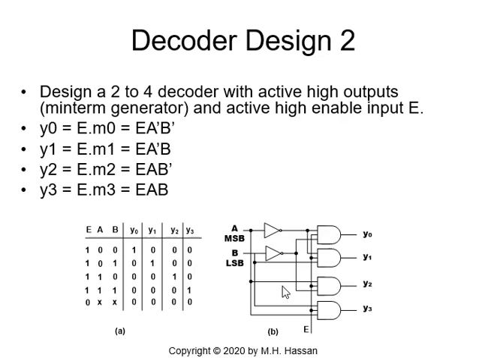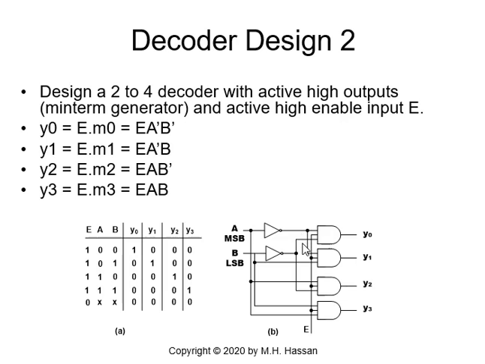And we have the hardware, the logical gate level implementation, for the decoder in design 2. Here A is the most significant bit, B is the least significant bit, with two inverters, and we added E. As you can see, the E signal is fed to every AND gate.